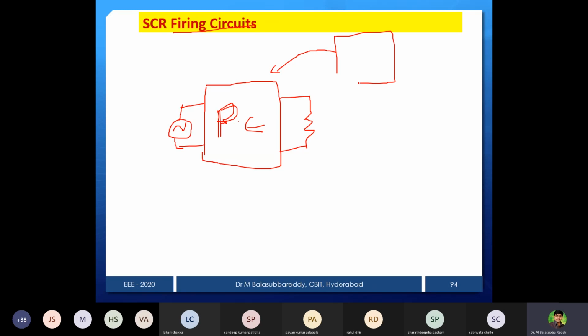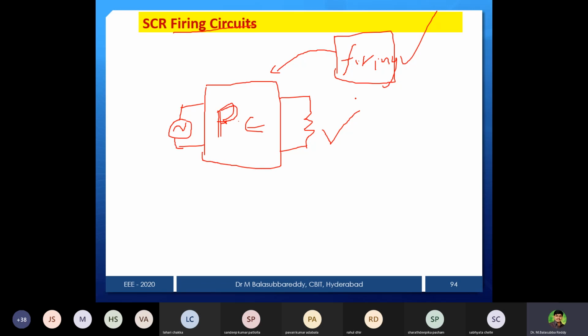That additional circuit I call a firing circuit or a triggering circuit. So this firing circuit I am going to explain now. Without this firing circuit, the devices will not conduct, and if devices do not conduct, we don't get any output voltage. So in any power electronic circuit, we require two circuits: one is a power circuit, another is a firing circuit or triggering circuit.